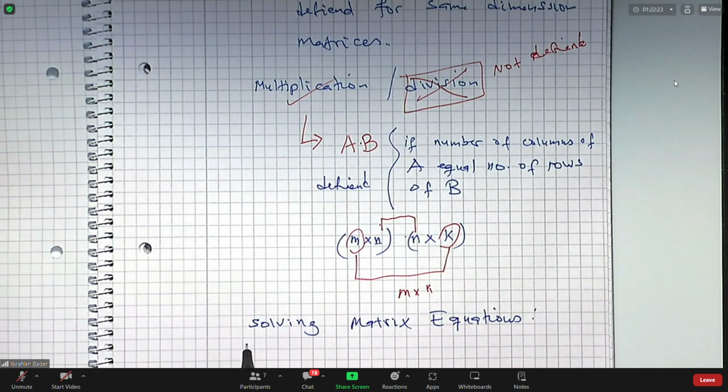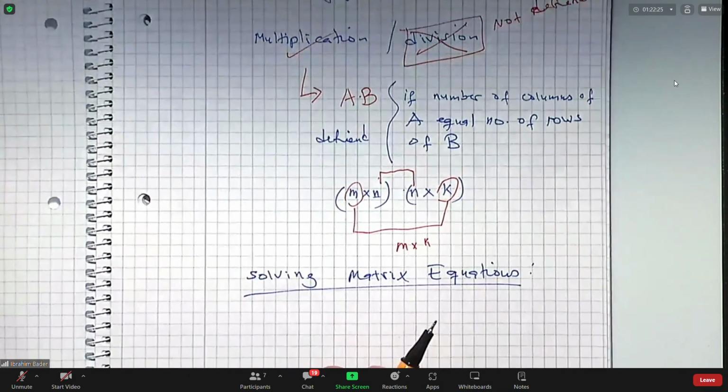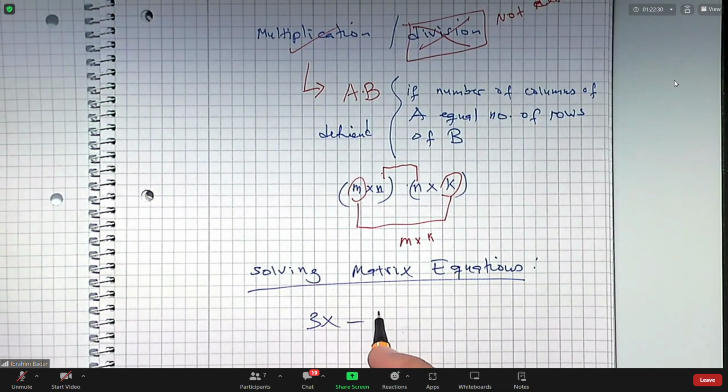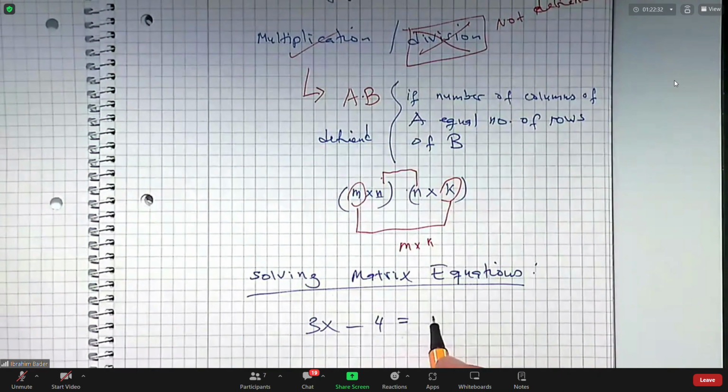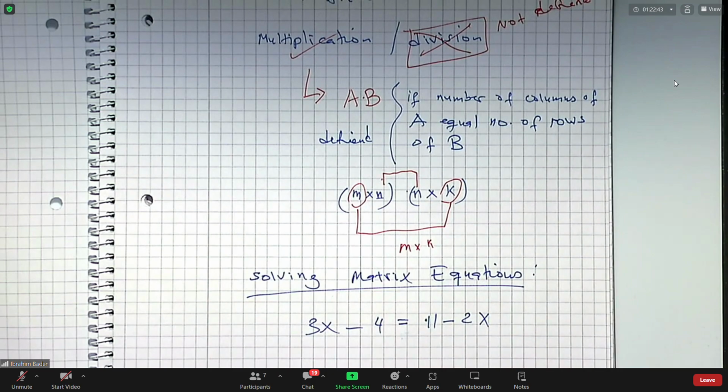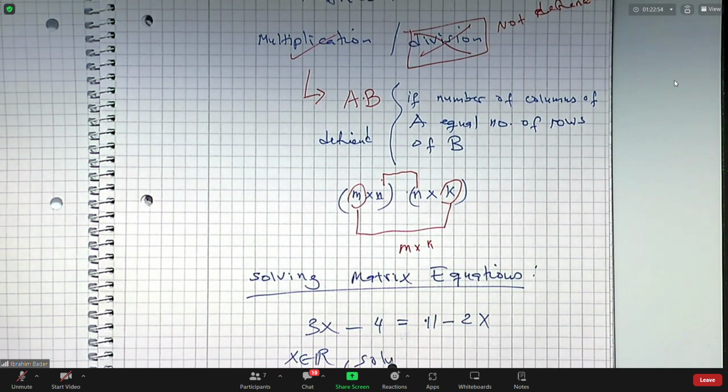Now if we forget about matrices, if I give you numbers, okay, I tell you 3x minus 4 is equal to, let's say, I don't know, 11 minus 2x. Okay. Solve for x, what is the solution?